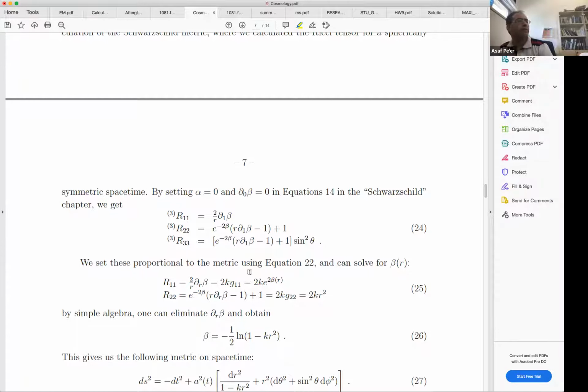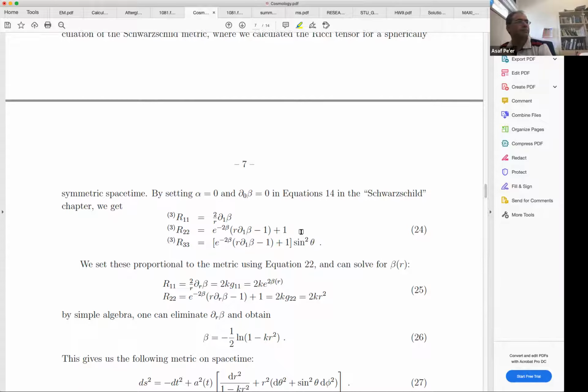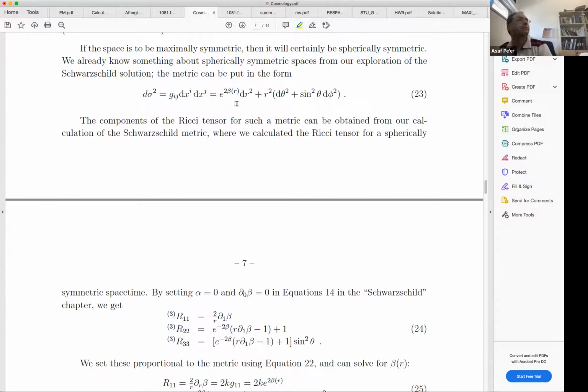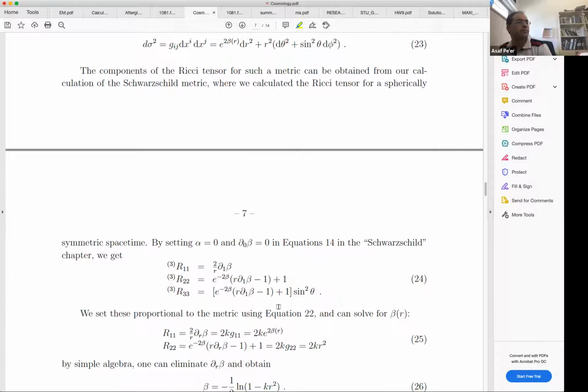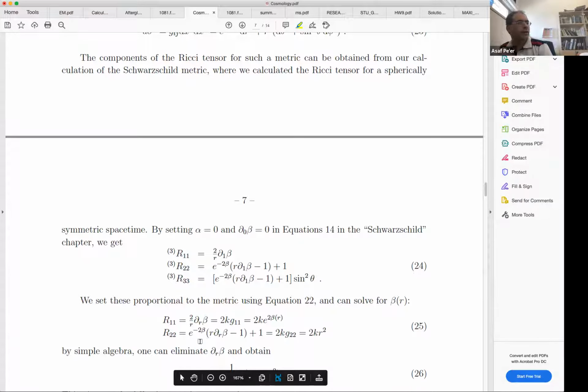And g11 from the metric is just e to the power 2β(r). So we have 2 over r ∂_r β is just 2k e to the power 2β. Then for R22, again we plug in this result: e to the power minus 2β times (r ∂_r β minus 1) plus 1 is equal to 2k g22, which is just 2k r squared.